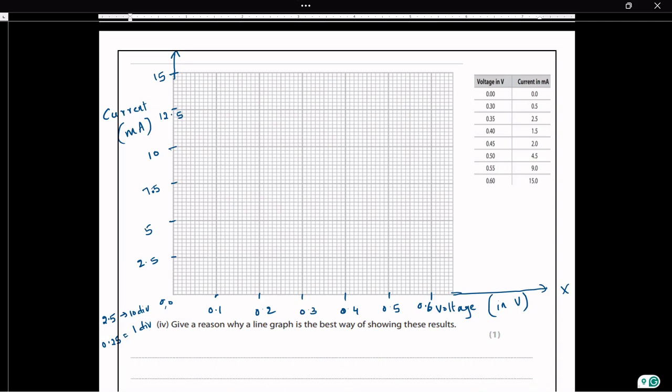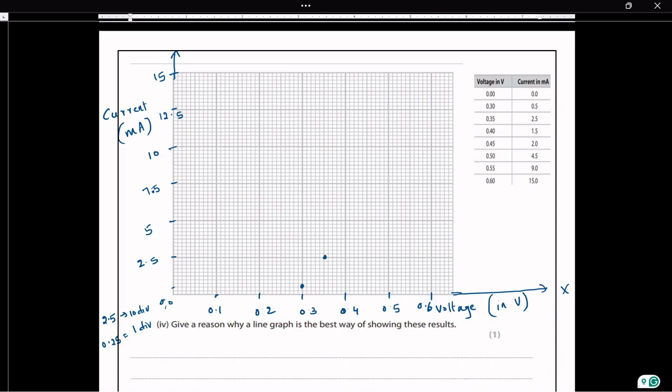Okay, so our number is 0.5. So 0.25, and the second division will be 0.5. So for a voltage of 0.3, this is the position. Next, 0.35 means it is between 3 and 4, and the current is 2.5, so this is the point.